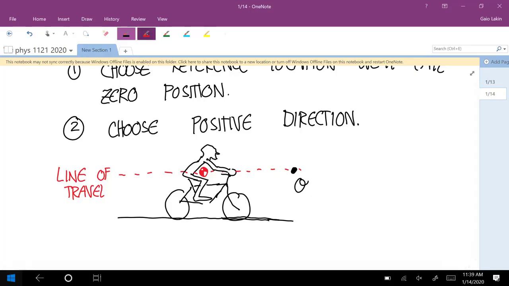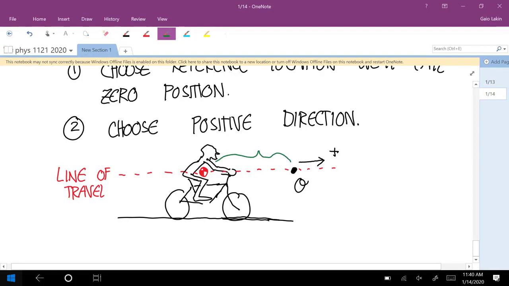There's only two choices of direction. It's along that line of travel, and we could choose either one. Let's say that we choose the positive direction to be this way. Well, now that we've chosen that, we can just measure the distance from the zero position, that reference, to where the person is.